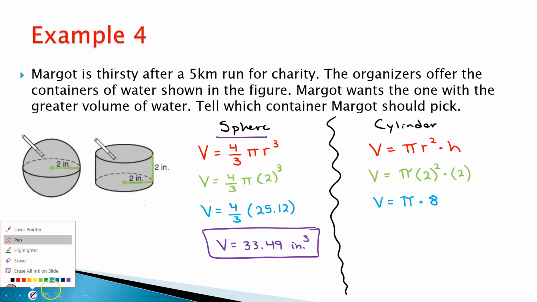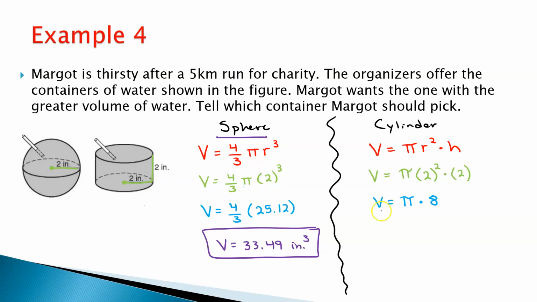If I multiply 8 times 3.14, that gave me a total volume of 25.12. And again, this is in inches, so it's inches cubed. That is the volume of the cylinder.